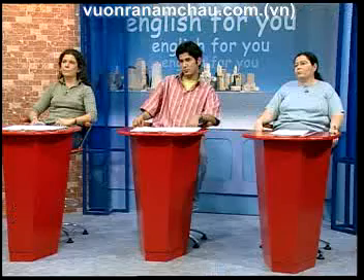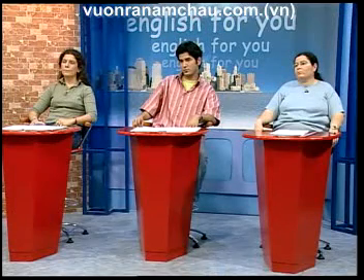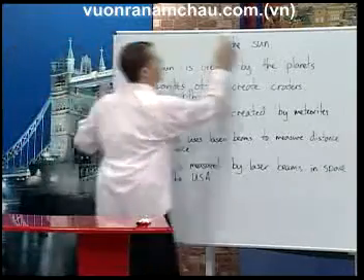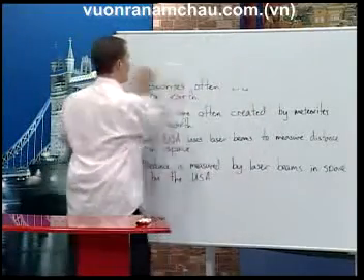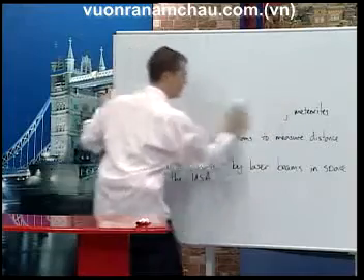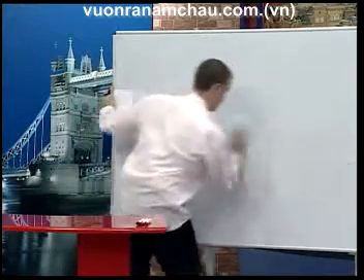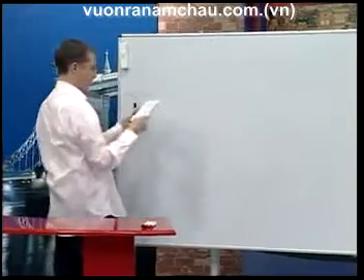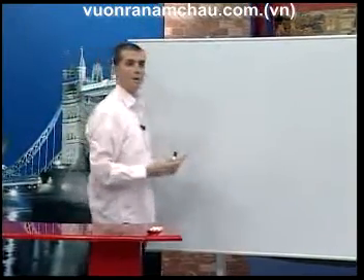Very good, thank you. Now let's do an exercise with the passive voice using the simple past. So I'll write you an active sentence with a gap, and you give me the passive sentence. Monica, here's your one.